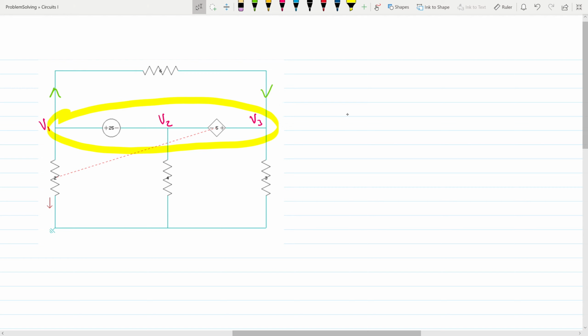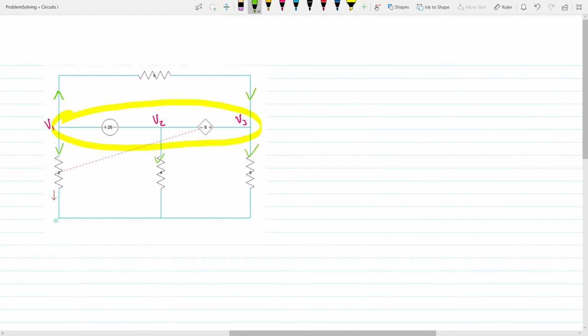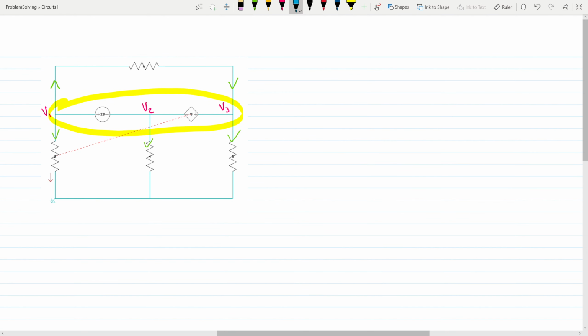Now I'll put in the directions for the rest of these, and I'll leave it like that. Again, it's arbitrary as long as you're consistent. And with respect to these guys, there's nothing to be consistent with, since it's a single branch and you only define the current once.